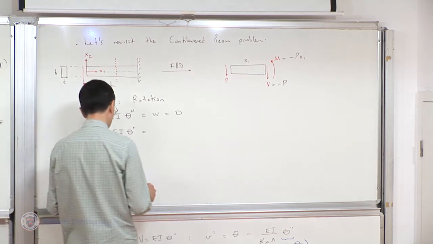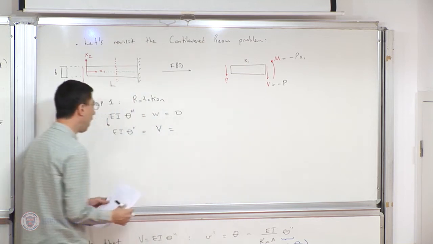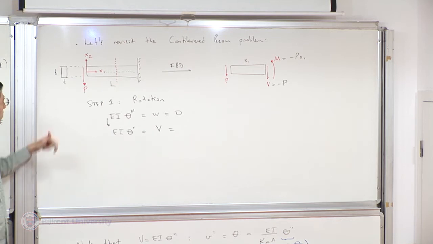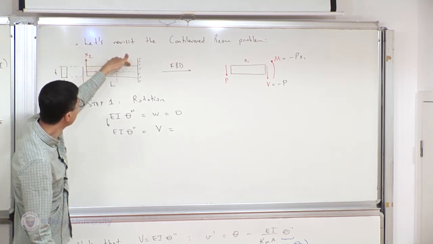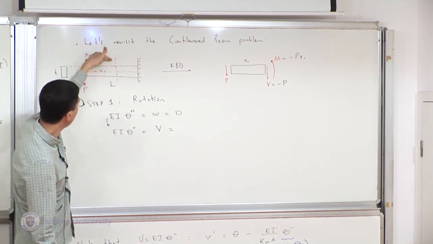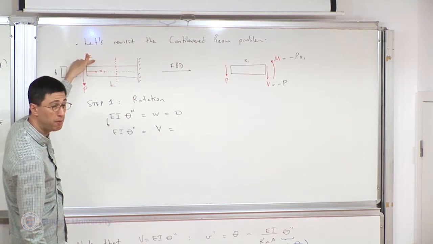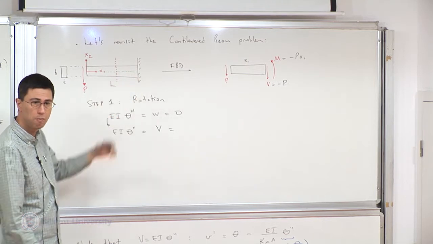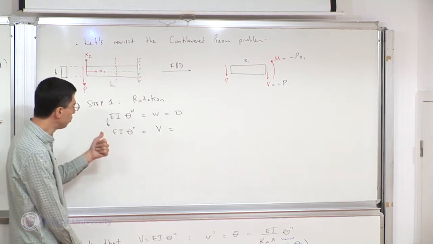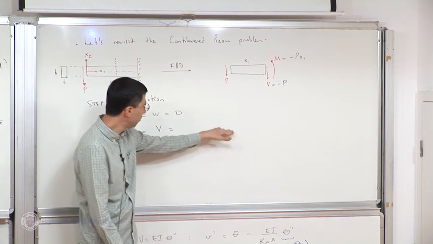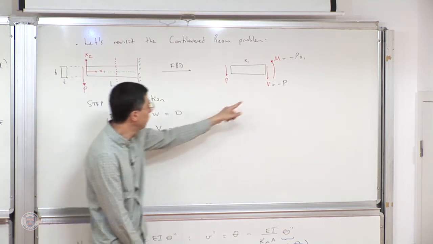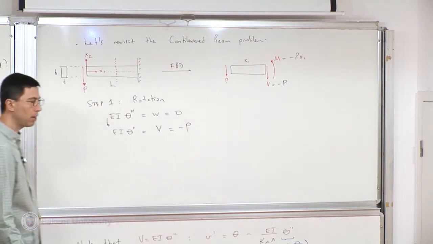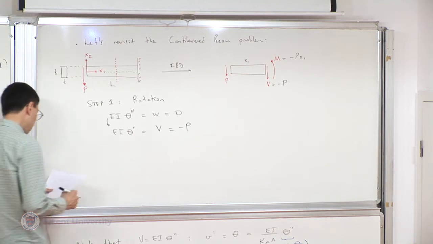In this case, the result is equal to V. Now, in this particular scenario, the V loading is very simple. There is no concentrated load at any position along the length of the beam. If that was the case, I could use things like a Macaulay bracket, remember from ME 231, in order to express this V distribution. But in this case, it's a constant, so it is minus P. So I don't really have to put any effort there either.